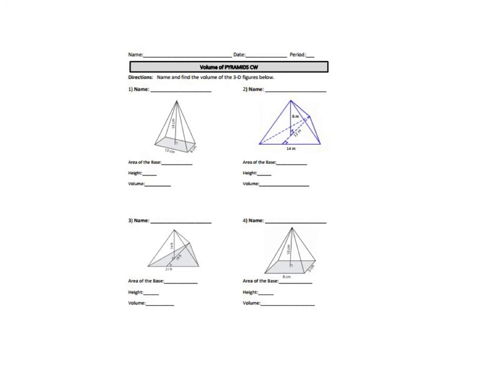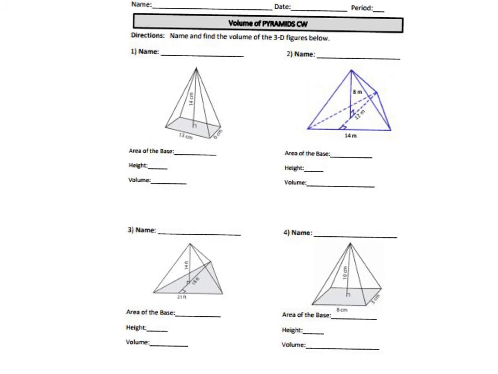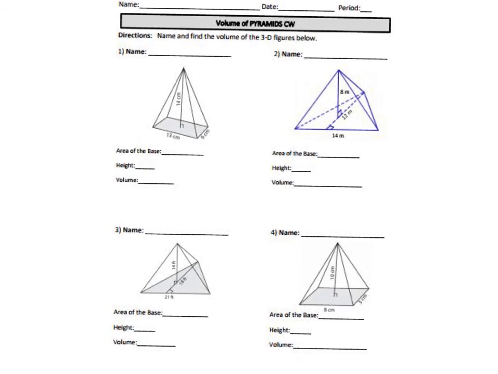Okay, so what we're doing now is you have 4 problems and you have about 18 minutes to do this. Of these 4 problems, you have 2 square or rectangular pyramids and 2 triangular pyramids. Remember, shade in the base. Now, when it's asking you for area of the base, you could choose to fill that out.